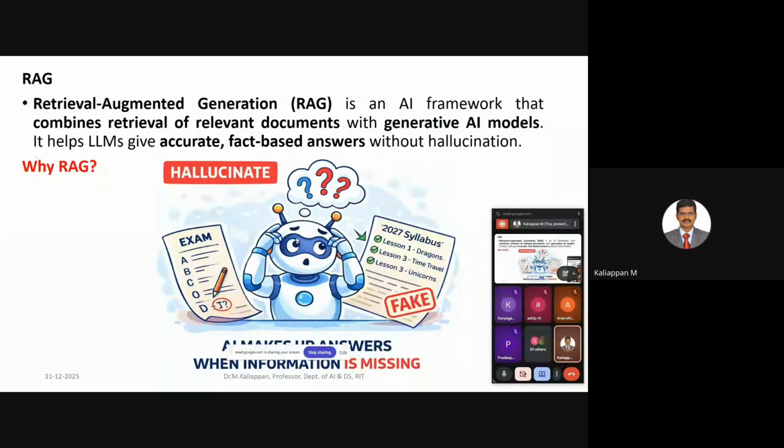See the picture here. I am asking about the 2027 syllabus from the LLM, but the LLM does not have the 2027 syllabus. So immediately the LLM gives fake or incorrect information to the user. This is called hallucination. So without RAG, LLM does not give the correct answer or relevant document.